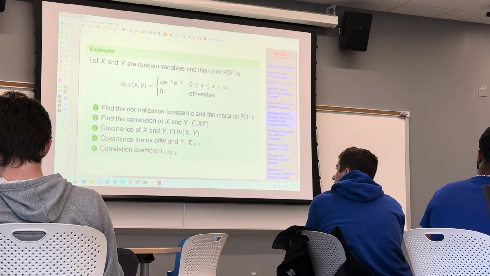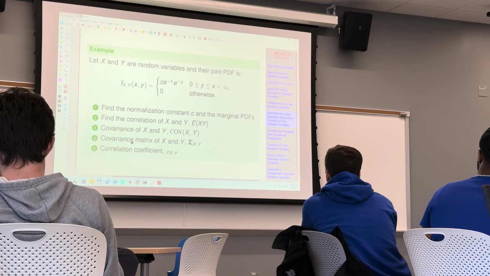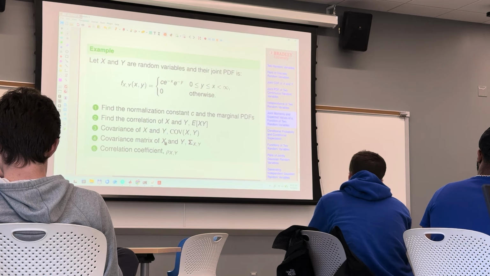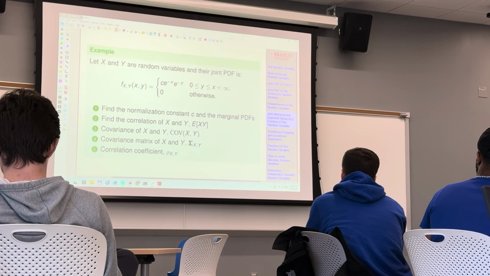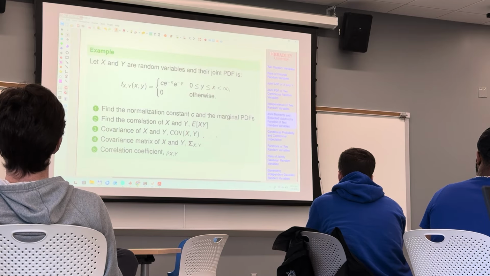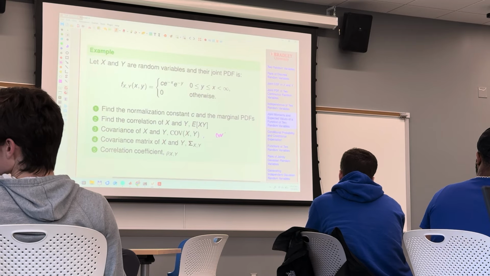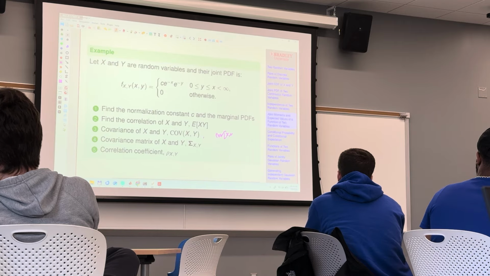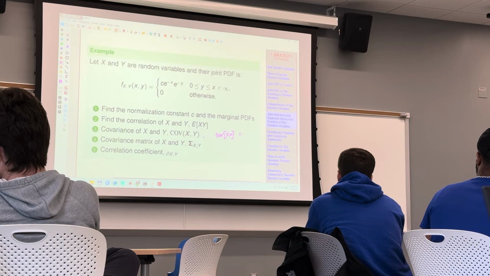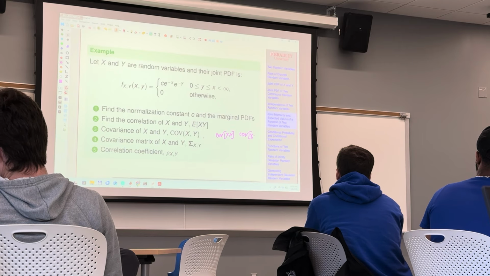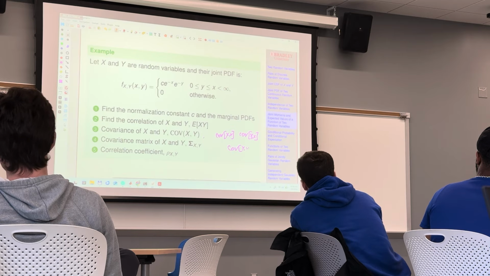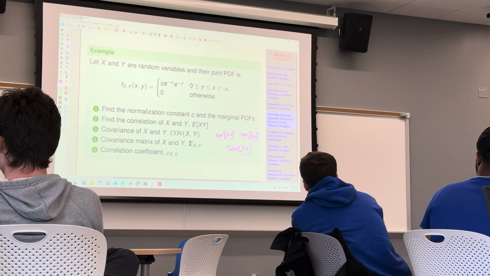Find the covariance of x, y, and find the covariance matrix of x, y. We want to find the covariance of x, comma x, the covariance of y, comma x, and the covariance of y, comma y, and put them together, and we call it the covariance matrix.